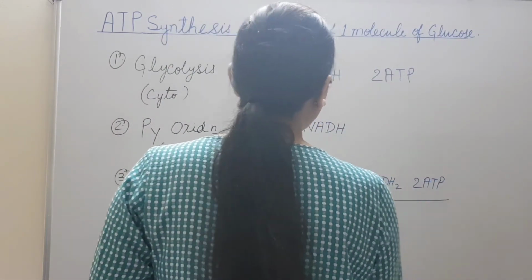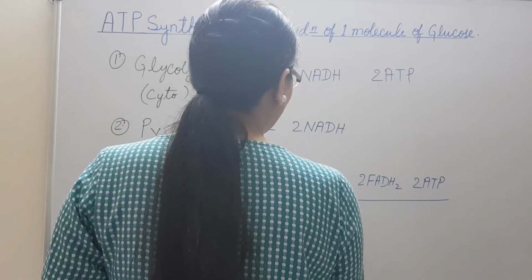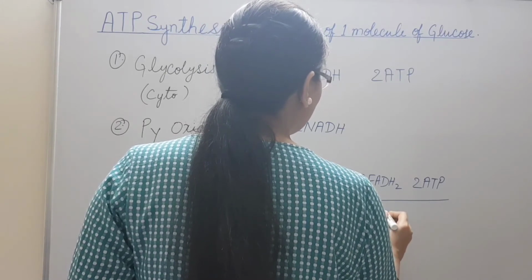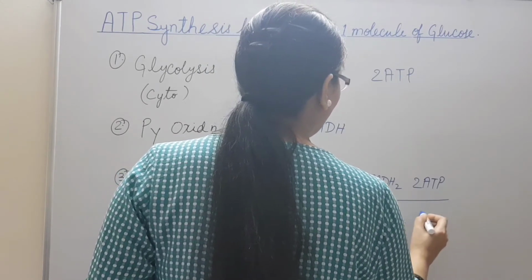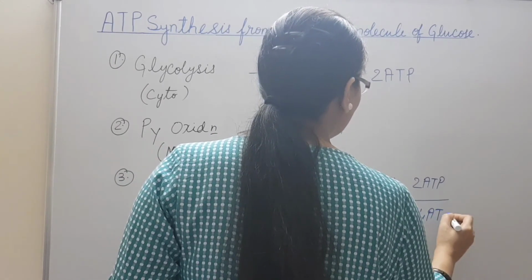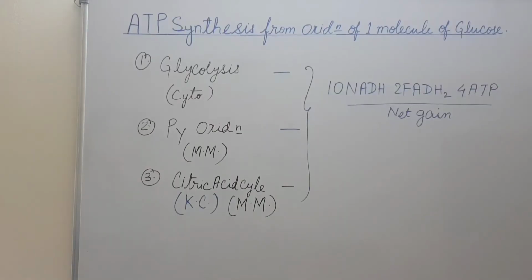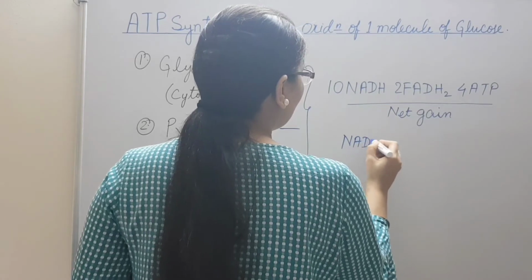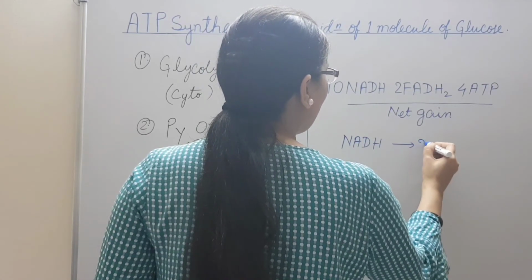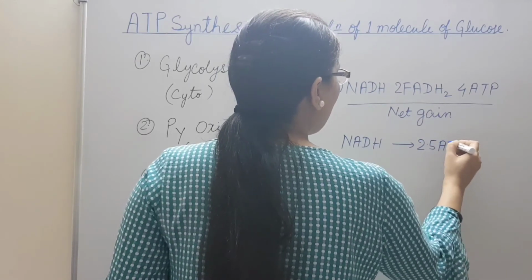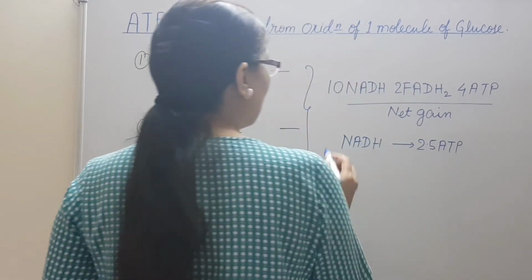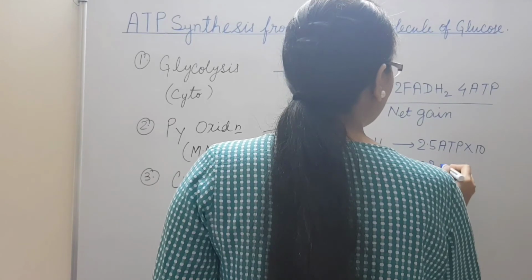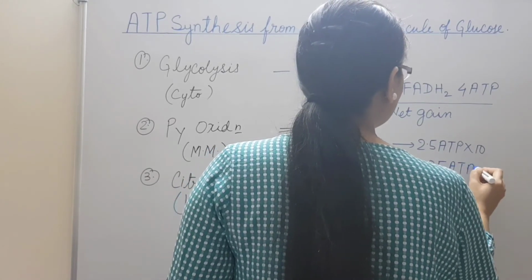So the net gain is 10 NADH molecules, 2 FADH2 molecules and 4 ATP molecules. Each NADH molecule gives 2.5 ATP molecules by oxidative phosphorylation. So from 10 NADH molecules we get 2.5 into 10, 25 ATP molecules.